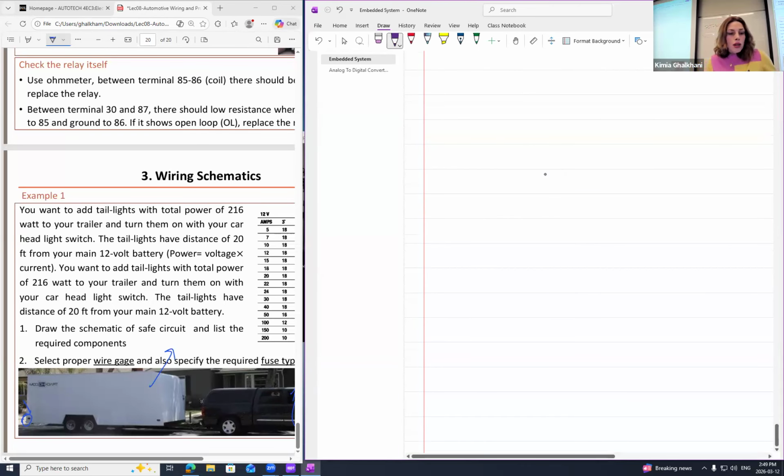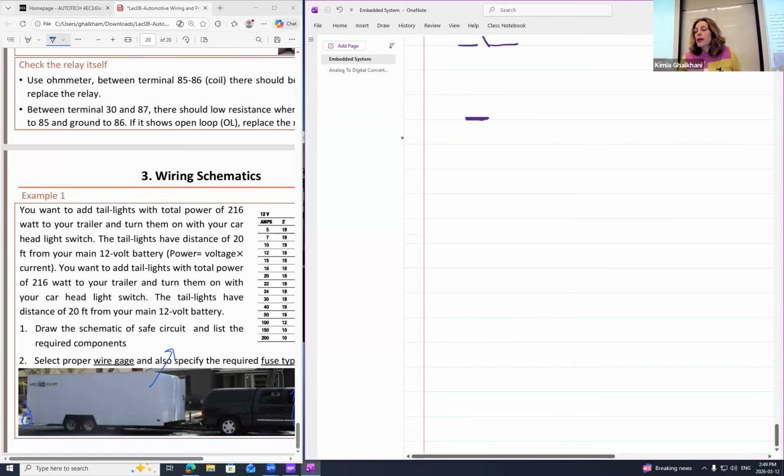So I'm going to start with drawing the circuit. We just had it in the previous slide, but in order to make sure you can understand the detail of the problem, suppose I'm having two lights. Remember, for an electrical system, having a ground is mandatory. If you don't ground the system, it's not going to work.